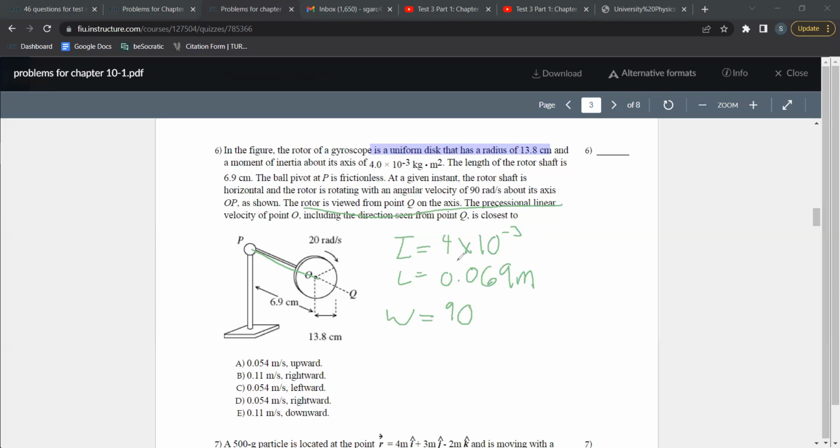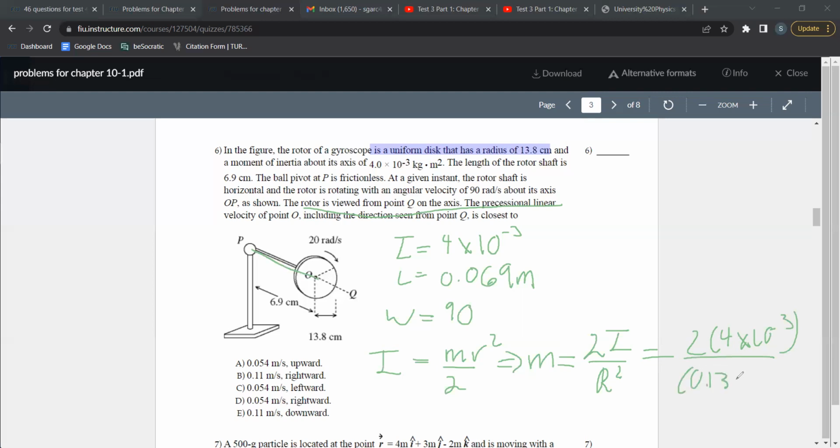So how do we set this up? We remember what inertia means, which is mass times our radius squared over 2, which now if we're looking for mass, translates to mass is equal to 2 times inertia over R squared, which is 2 times 4 times 10 to the negative 3 over 0.138 squared.